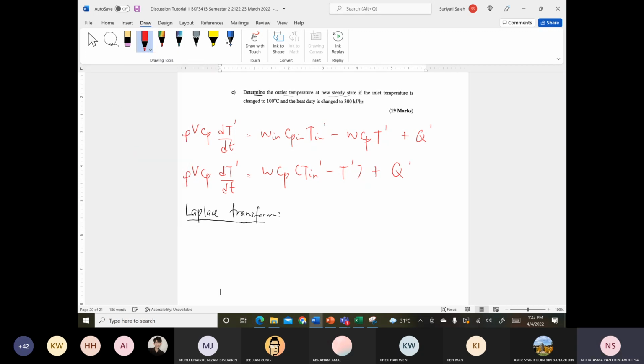So from the Laplace, it becomes rho V Cp s T prime(s) equal to W Cp T in prime(s) minus T prime(s) plus Q prime(s).